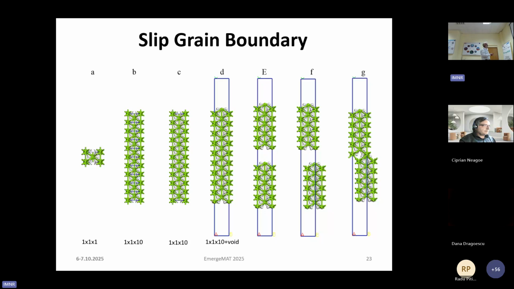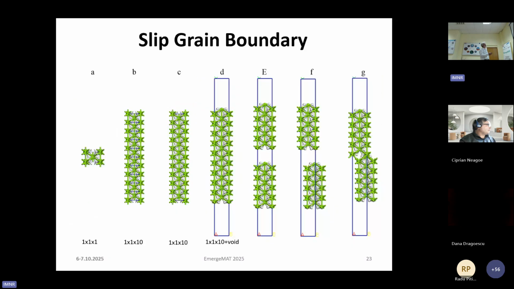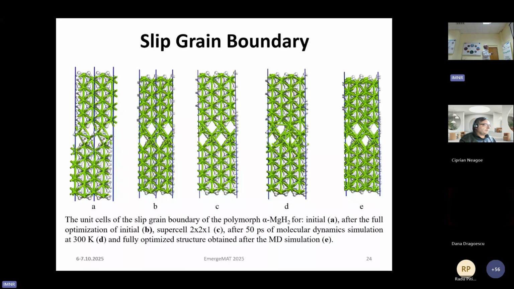So this is the way how we can prepare such a slipping grain boundary. So here we did the separation, and here we just move laterally the one slab, and then we put them together.